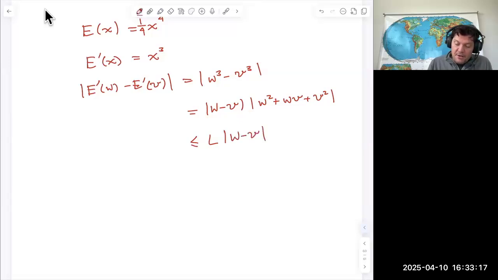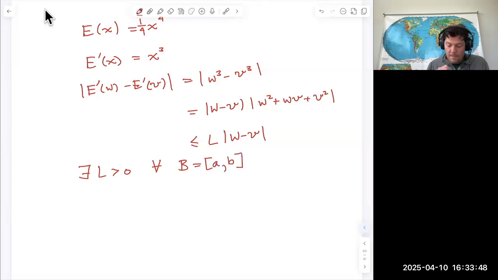So what we say here in this case is that this functional is not globally Lipschitz smooth, but it is locally Lipschitz smooth. So there's some L for every bounded set B, so we have to look for bounded sets on the real line. And let's just use a bounded interval, okay? For every bounded set.